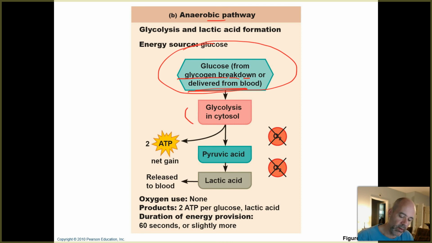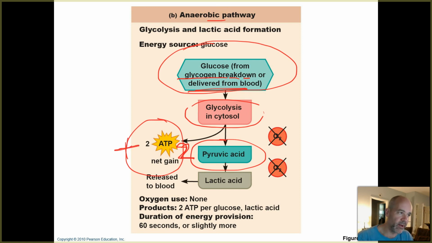You do a series of chemical reactions to split the glucose into 2 pyruvic acid molecules. You'll have 2 per glucose that get made. You're only getting 2 new ATPs for every glucose you break down, so this is not going to support muscle contraction for a long period of time.